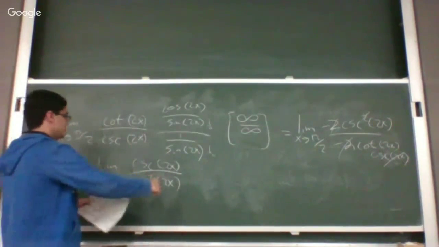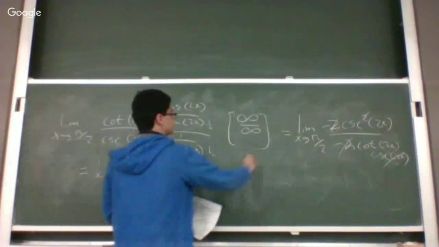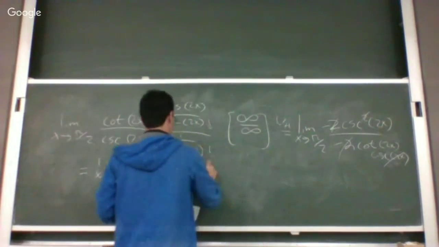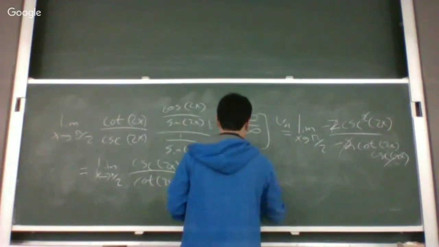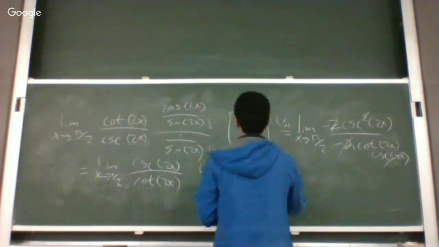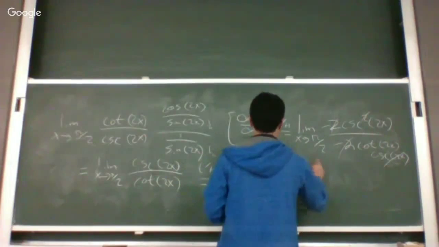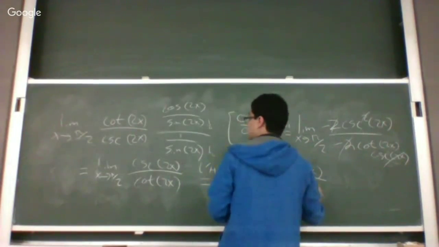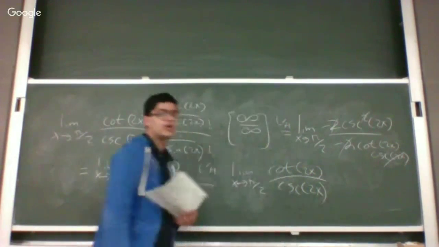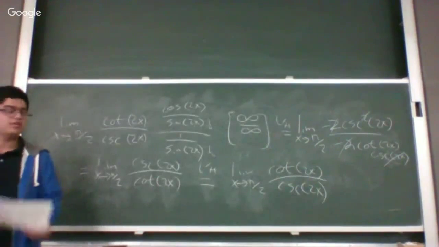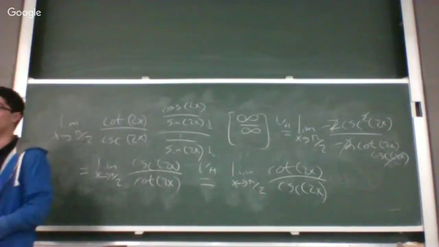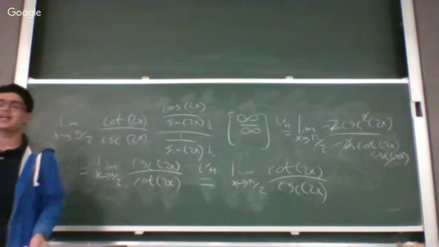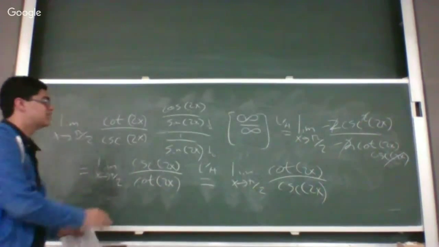If you do L'Hopital again, you are left with the same thing again. We'll be left with cotangent of 2x now divided by cosecant of 2x. Okay? And if you keep on doing this, you'll get the same thing again. When that happens, it does not exist. But in this case, we can simplify.